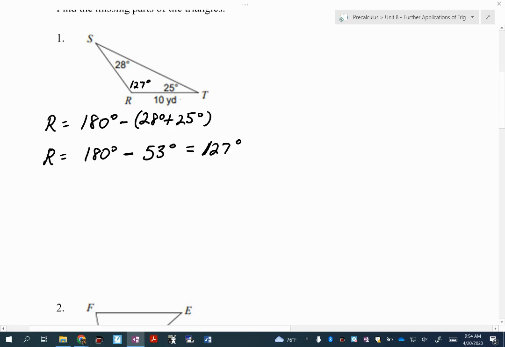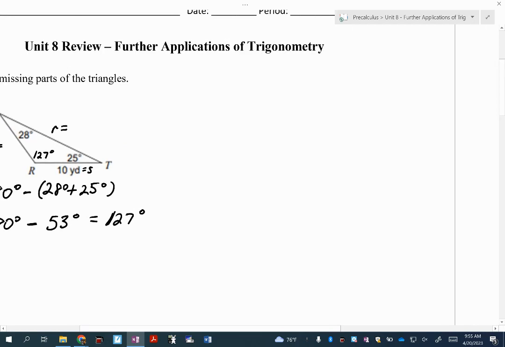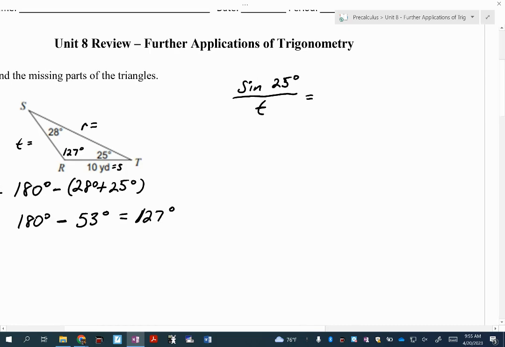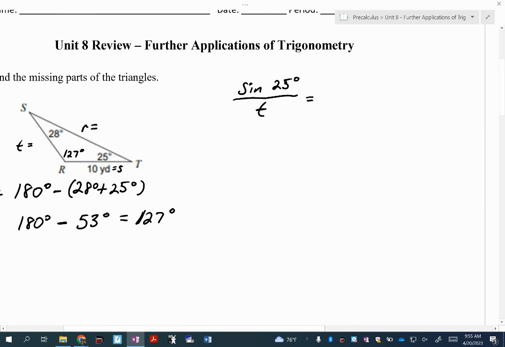Now you'll notice they already gave us this side length S, which is 10 yards. I don't know side length R, and I don't know side length T. So I'll be using the law of sines to find both of those. I'm going to start with the sine of 25 degrees over T, because we have the sine of T, which is 25 degrees, equals another pair that I have, which is the sine of 28 degrees over S, which is 10 yards.